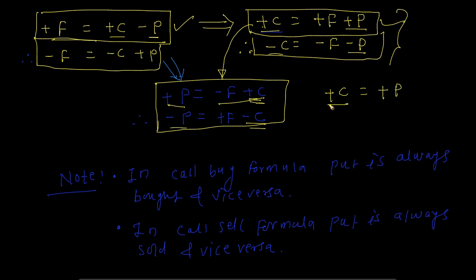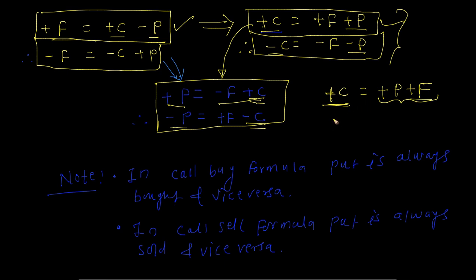That means you must buy the future, because future buying means bullish view, right? So plus F. Because plus C means you are bullish on the market. So in a bullish view, you cannot sell future, you have to buy future, right?